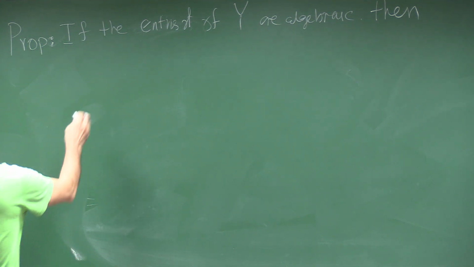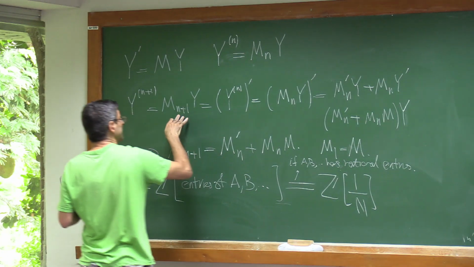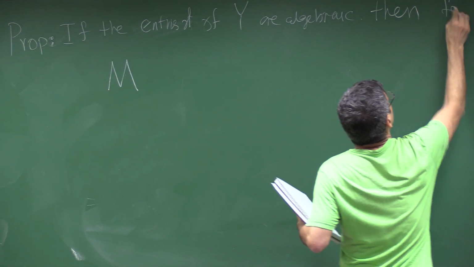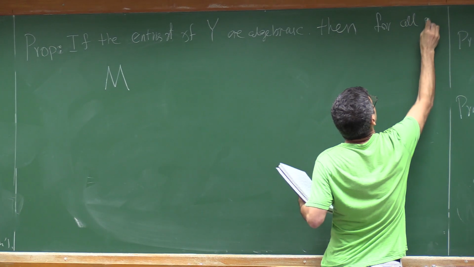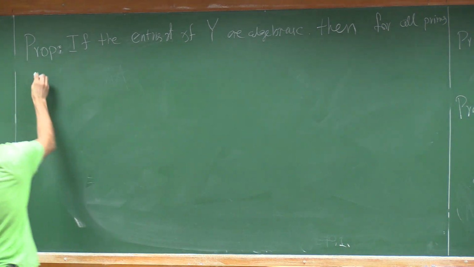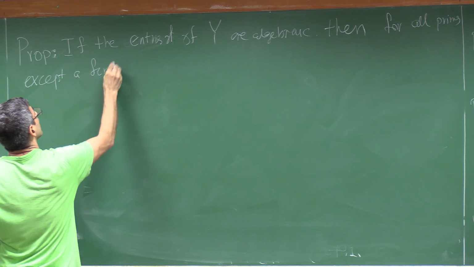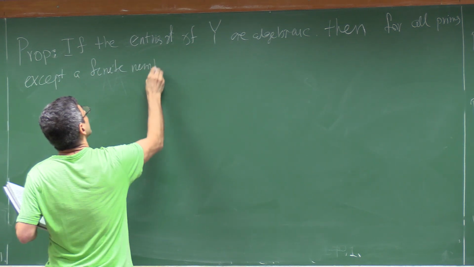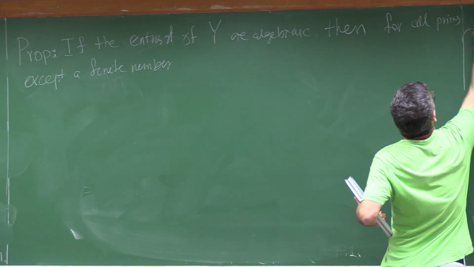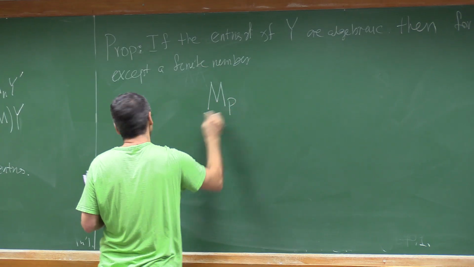Maybe first I write this M in the P step, then for all primes except a finite number, all primes P. So you consider this M_P.